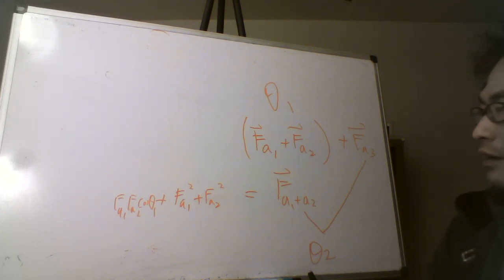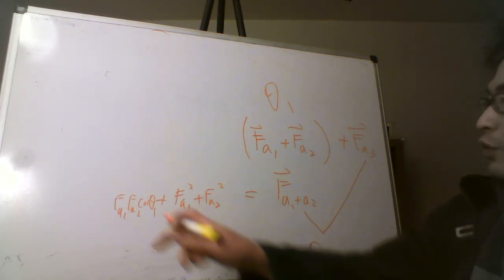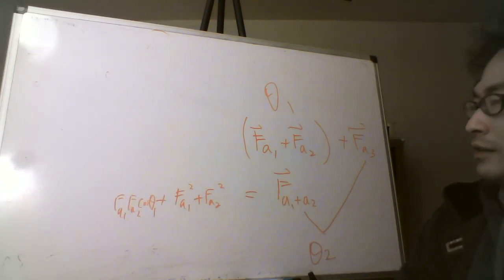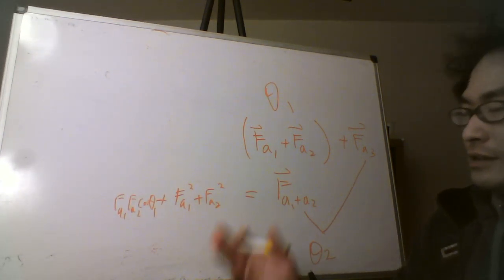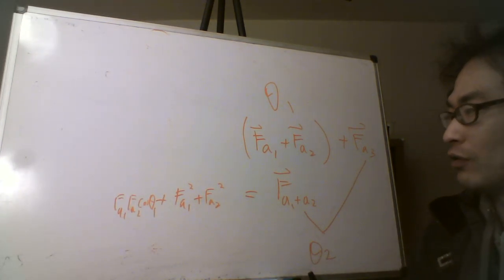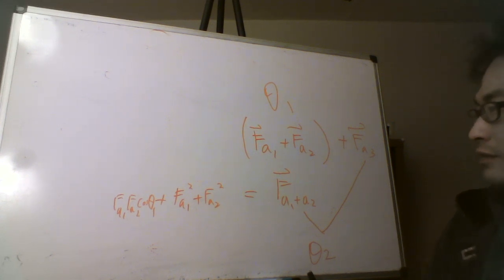Yeah. When there's no vector hat, it's absolute value, okay? That's our notational convention, all right? Comes in handy, okay? So that's that.